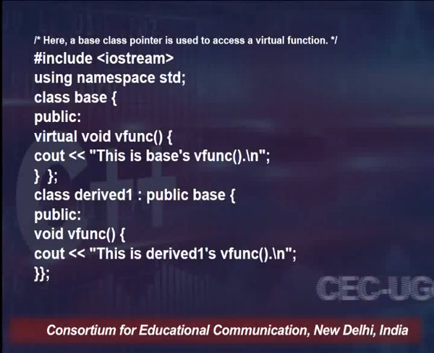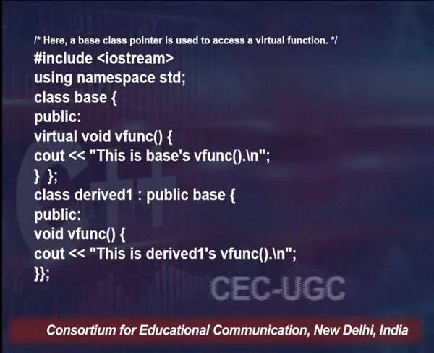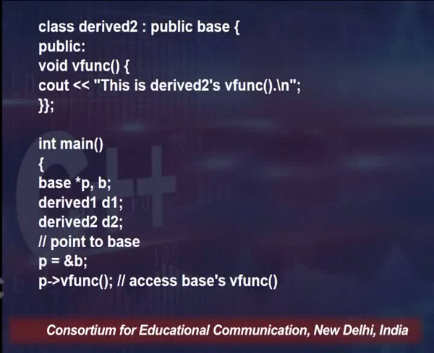Within this vfunc, inside the derived class, it is printing "This is derived one's vfunc." Then we have another class, derived 2, which is also inheriting the base class in public mode, and in its public section it has its own implementation of vfunc, which says "This is derived 2's vfunc."